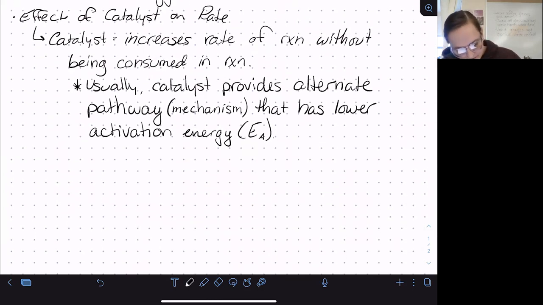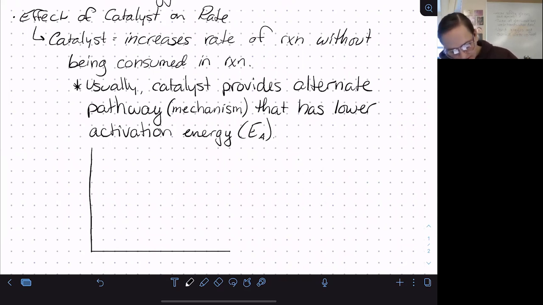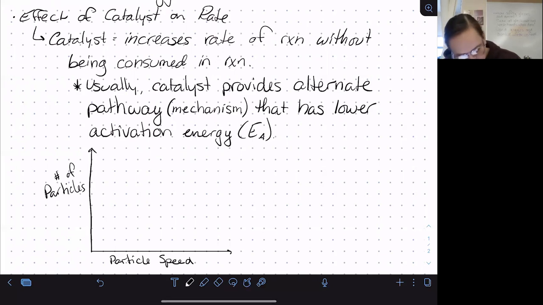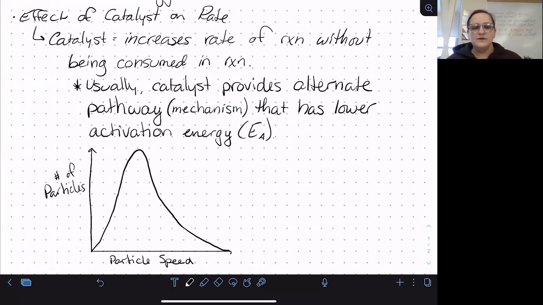For instance, we looked at Maxwell-Boltzmann distributions a while ago now, where we looked at particle speed on the x-axis and number of particles on the y-axis. And our distributions in these usually look something more or less like this. So this is our distribution of speed, and we know that speed is related to kinetic energy.